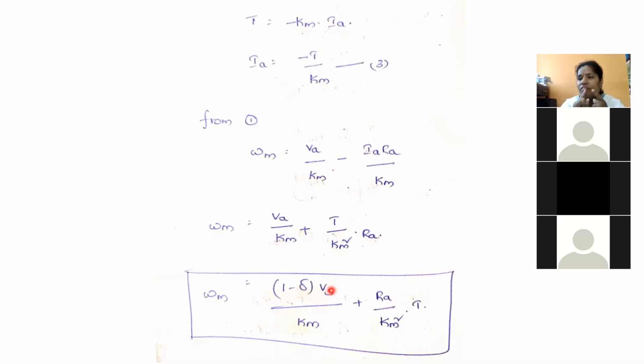Torque is not fixed for us, and delta, the duty cycle, is going to be varied. First go for torque. Torque is equal to Km into Ia. Armature current is going to be fixed for the fixed speed and the supply voltage. Supply voltage is fixed means armature current is also going to be fixed, and internally we are not changing any parameter. So torque is also going to be fixed for us.